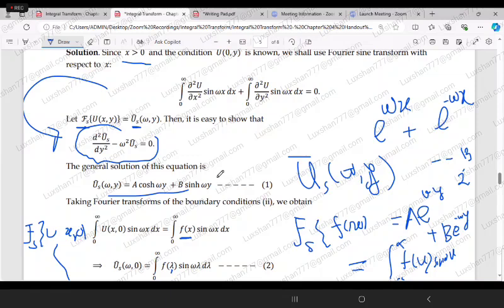Before that, I will send some questions for this part. Because this is somewhat complicated: we are using the complex transform, the sine transform, and then ordinary differential equations, dealing with first order and second order. There are so many complications. I know it's difficult. There are different boundary conditions and different initial conditions.